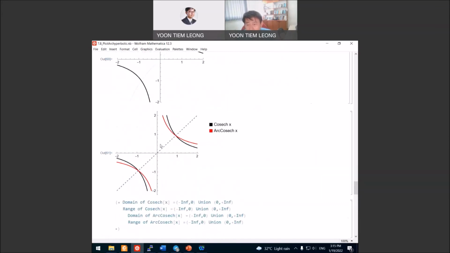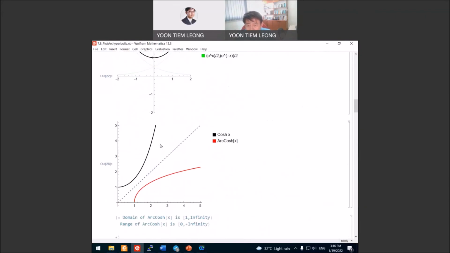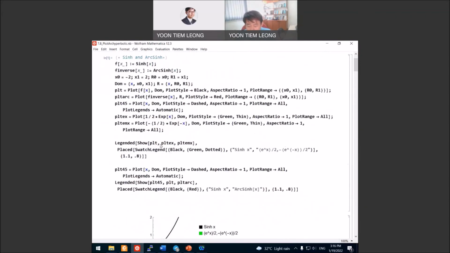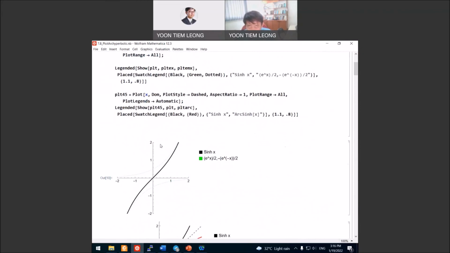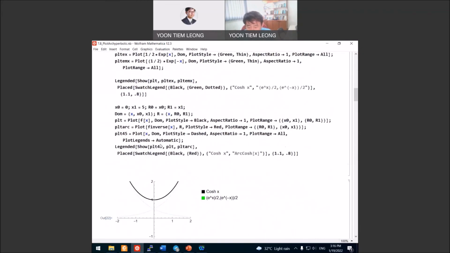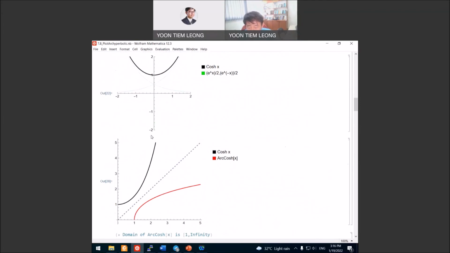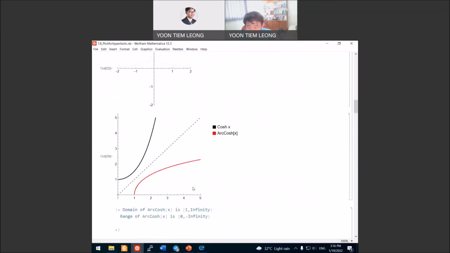So it looks like for these 6 hyperbolic functions and their inverses, in order to obtain the inverse, you have to, in some cases, restrict the domain of the hyperbolic function. Out of these 6 different functions, only for the hyperbolic cosine function do you have to impose the restriction to take only x positive.